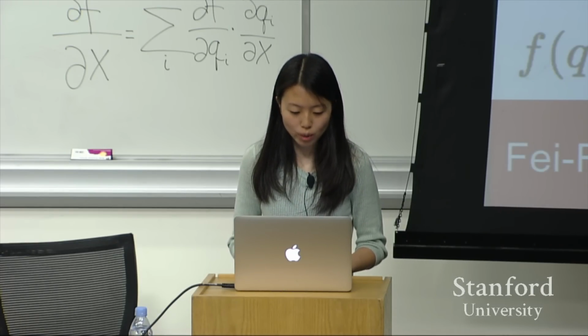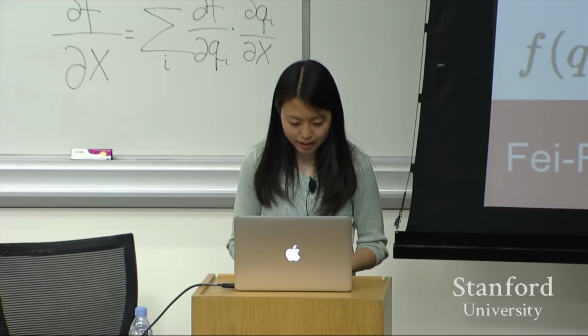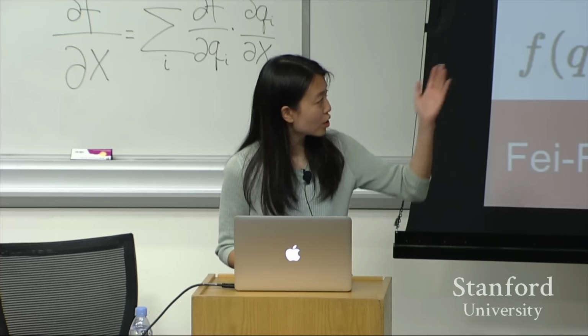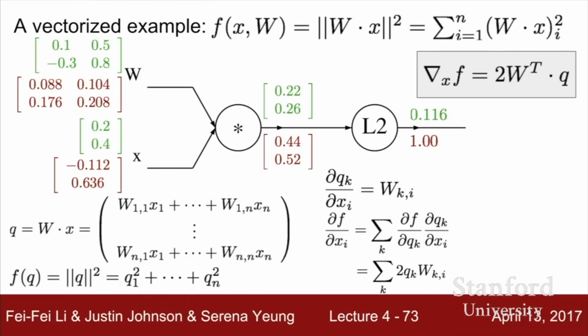So we are computing the Jacobian. Let me go back here. We have these partial derivatives of qk with respect to xi, and these are forming the entries of your Jacobian. In practice, we take that, and you're going to see it up there in the chain rule.